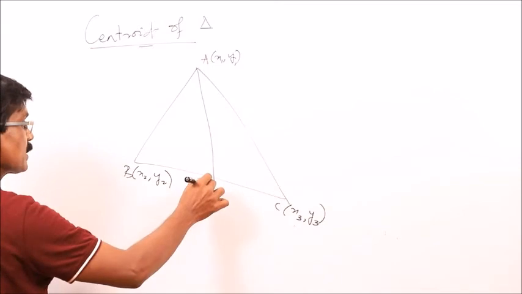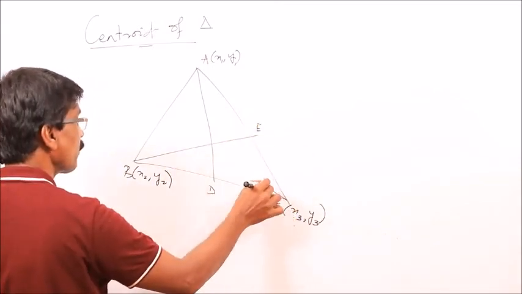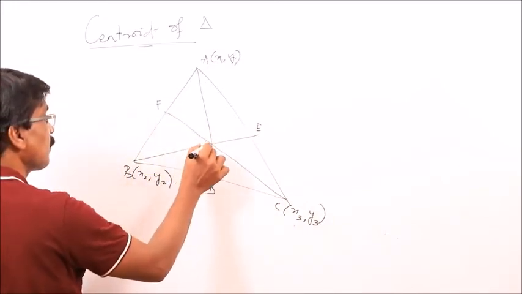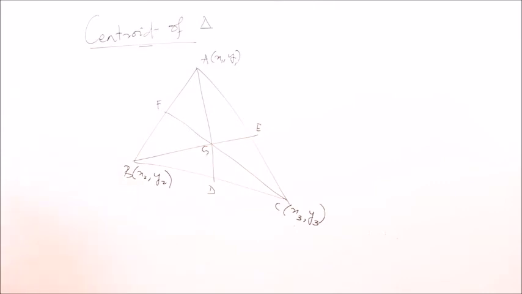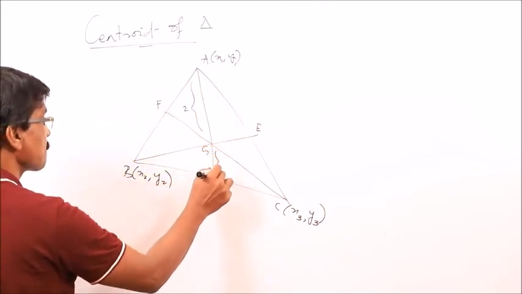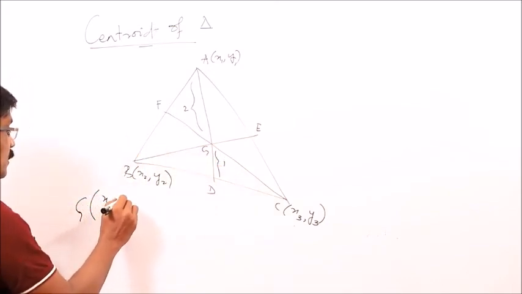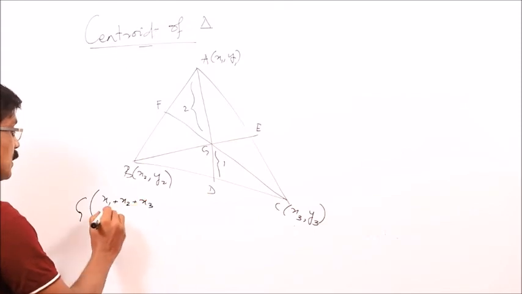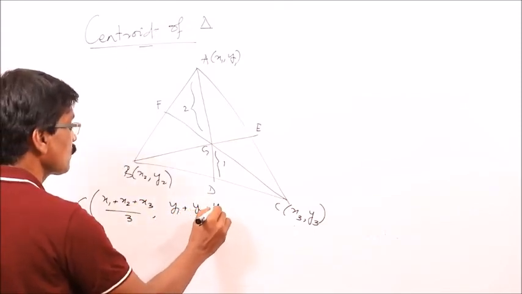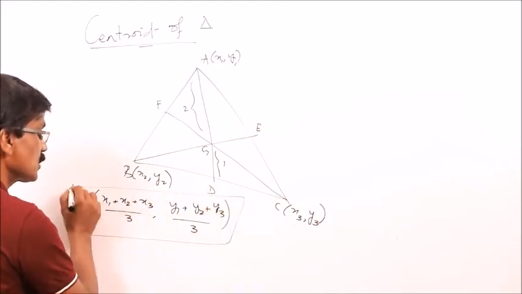Suppose 3 medians AD, BE and CF intersect at a point that is called G point, it is called centroid, and the ratio is 2:1. So G point is x1 plus x2 plus x3 by 3, y1 plus y2 plus y3 divided by 3. So this is called centroid of a triangle.